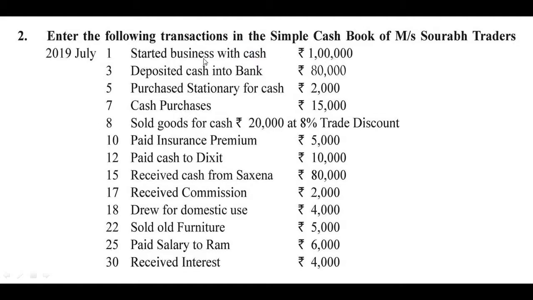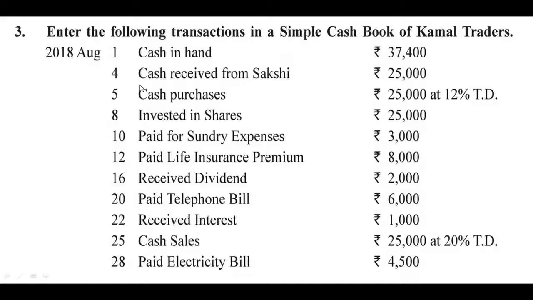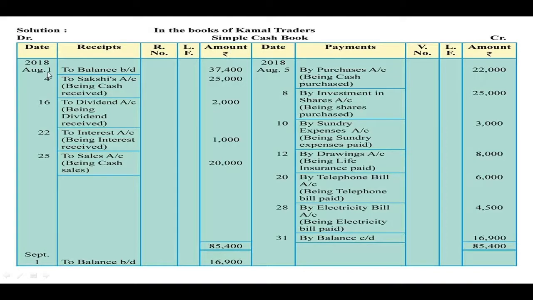Since it is given started business, we had entered to capital account. Now in this case it is given cash in hand, so that is called the opening balance. This will be recorded on the debit side as 1st August to balance brought down 37,400. So you have to understand the difference between two examples which are given here.